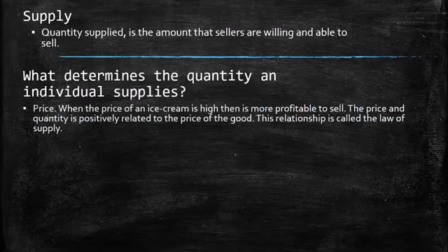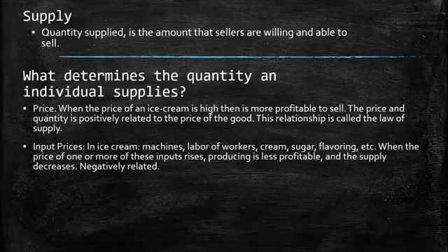For example, in the ice cream case again, when the price of ice cream is high, then it's more profitable to sell. The quantity is positively related to the price of the good. This relationship is called the law of supply. So there is a positive relation of price and quantities, and remember with the demand it was the opposite.